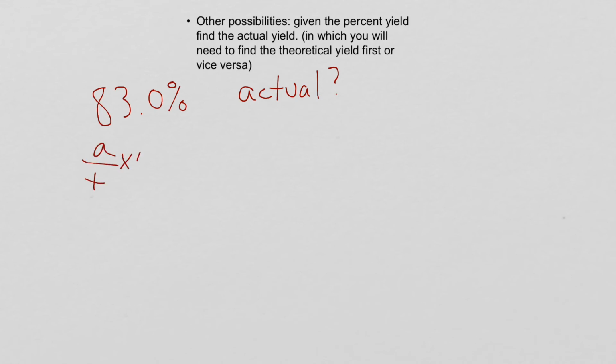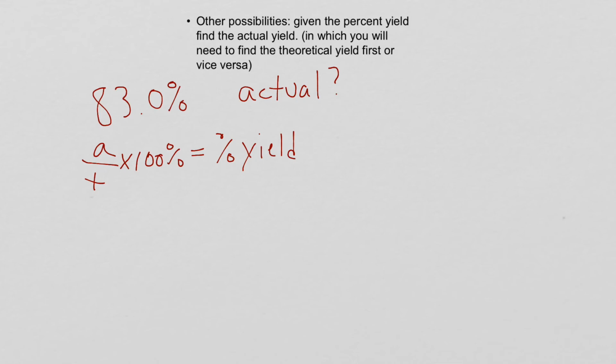So let's say if I had the same equation and I had an 83.0% yield, and I need to know what is the actual yield of this same concept here. So again, actual over theoretical times 100% equals percent yield.